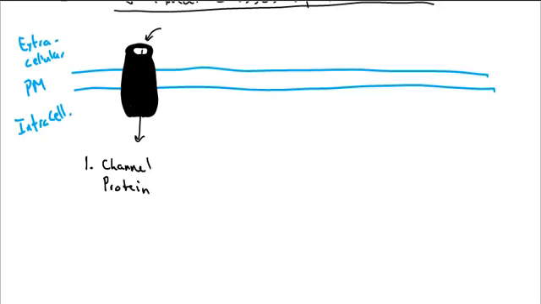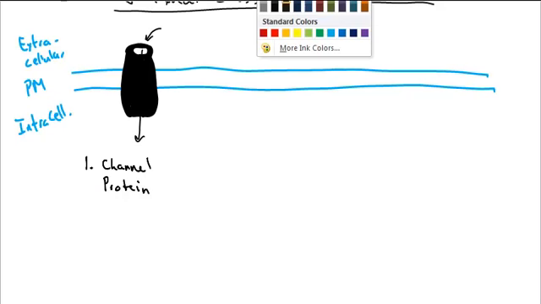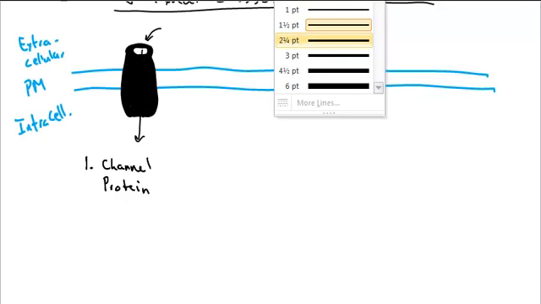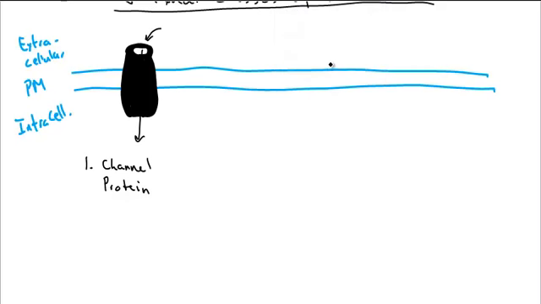The next one, a little bit more difficult to show. It does have a channel through it, but the channel isn't constantly open. So often it's represented to look like this. And then plus.